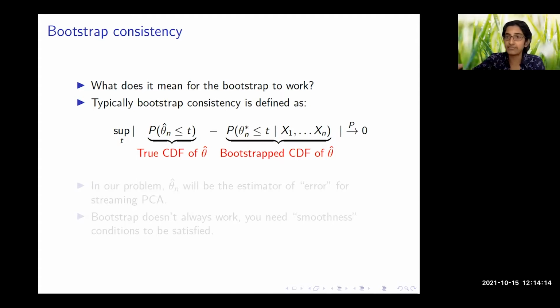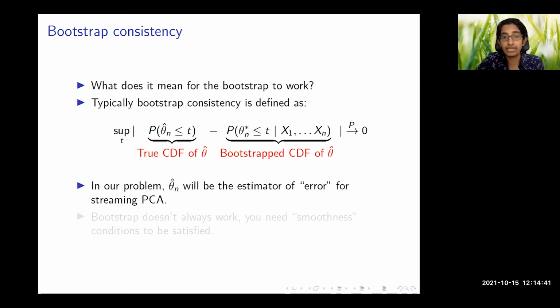You are saying my data is fixed, so the randomness is coming from all the resampling. It's almost like you treat your data as the population. So this is the bootstrap CDF conditioned on the data. And you are looking at the Kolmogorov distance between the two CDFs, and you are asking whether this random quantity is going to 0. That's what bootstrap consistency typically means.